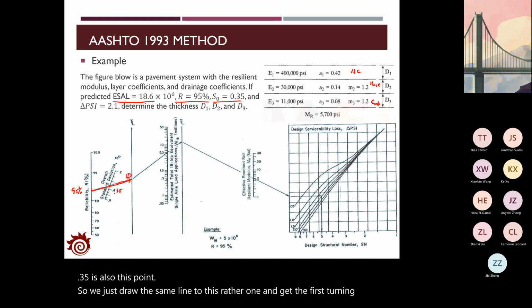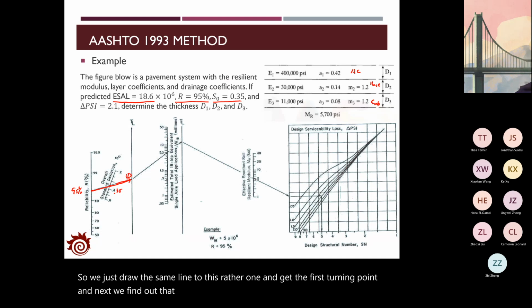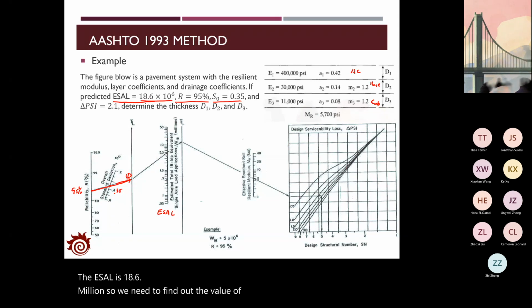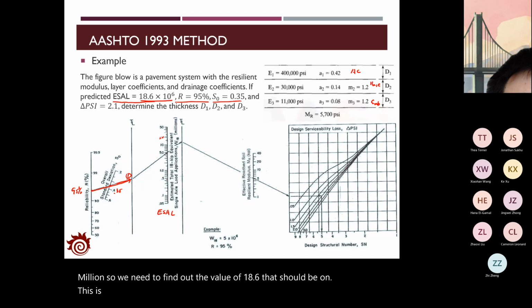And next we find the ESAL. So this is the ESAL. The ESAL is 18.6 million. So you need to find the value of 18.6. That should be, this is 20, so it should be some place around here.